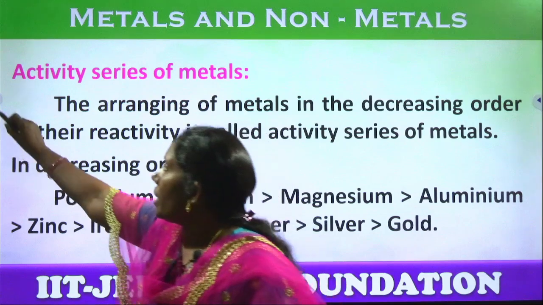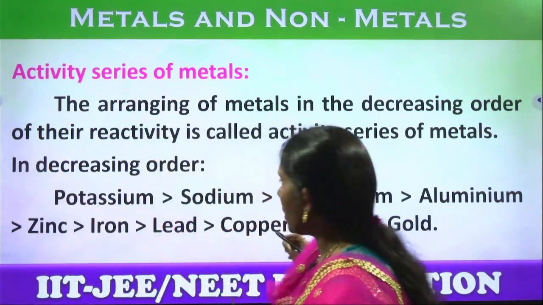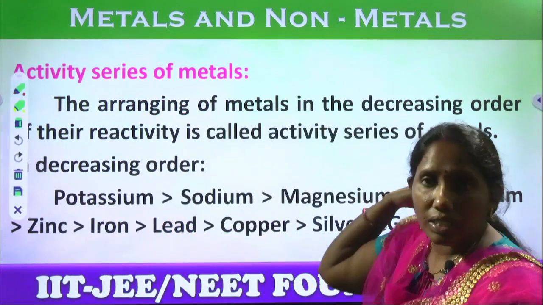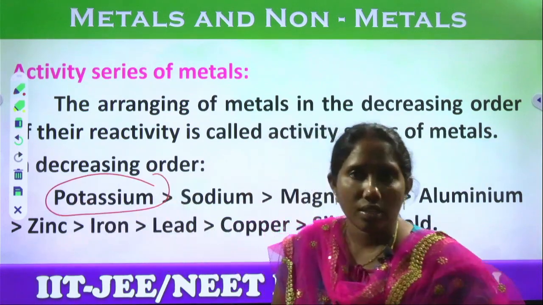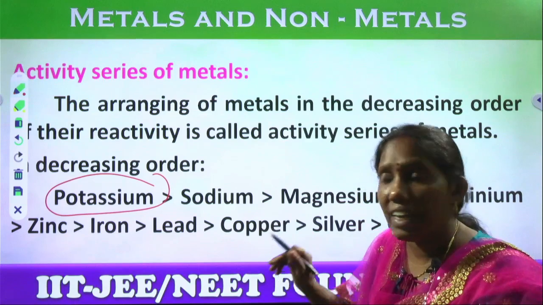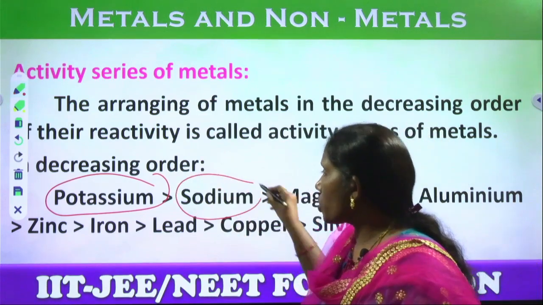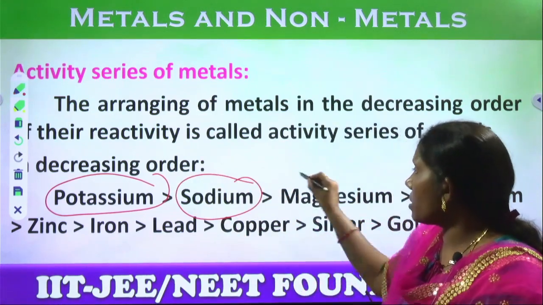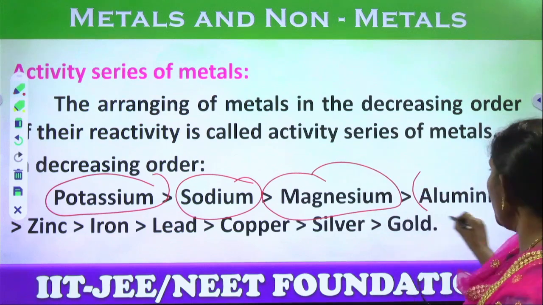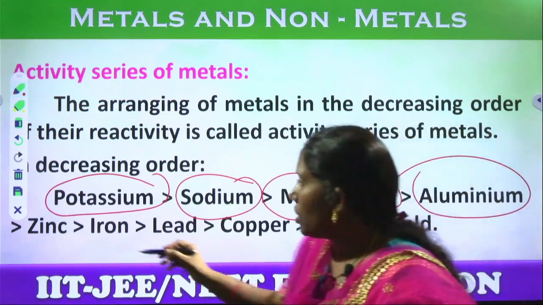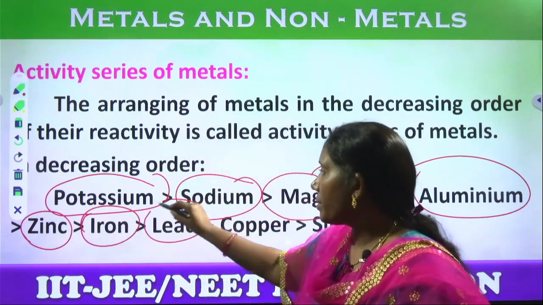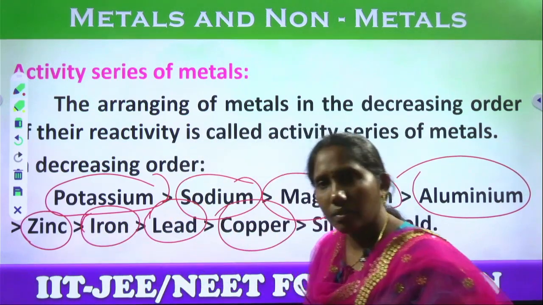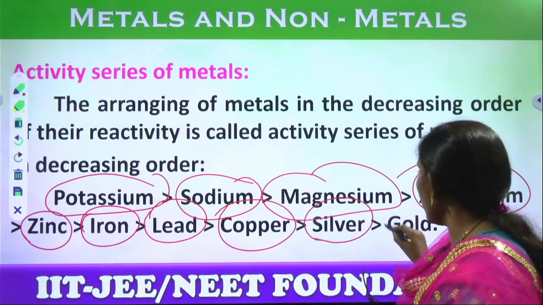In regular life, we use these metals. If you see the reactivity series here, potassium is in the first place, meaning potassium is highly reactive. After potassium, sodium, next magnesium, aluminium, zinc, iron, lead, copper, next silver, next gold.